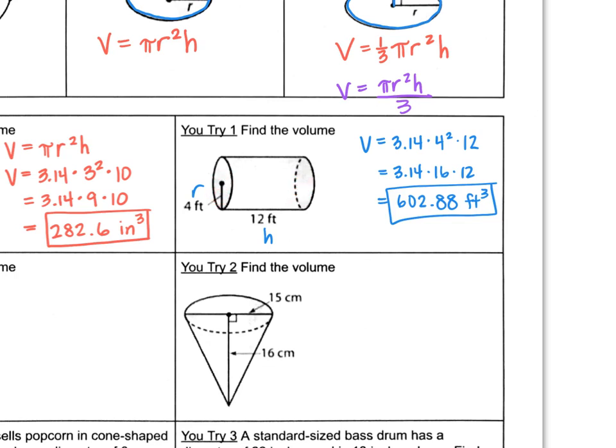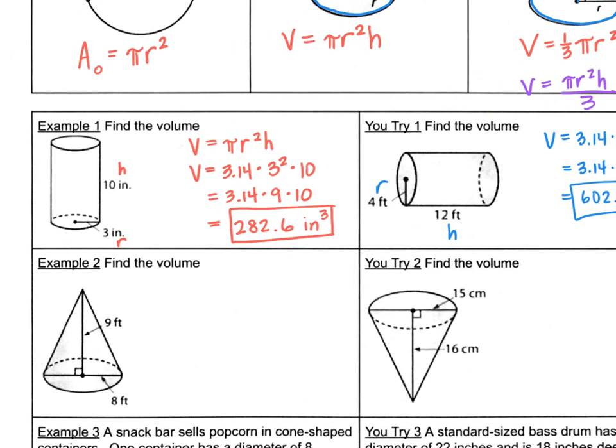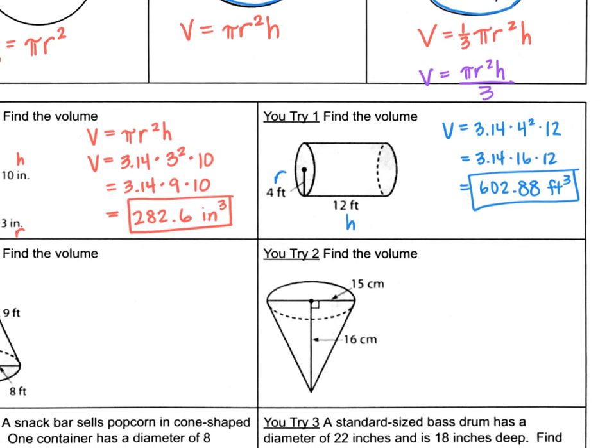So we have our 2. That way it looks just like example number 1 over here. So the solution I got was 602.88 feet cubed. Remember, cubic feet, that's how many cubes I can fit inside of that cylinder.